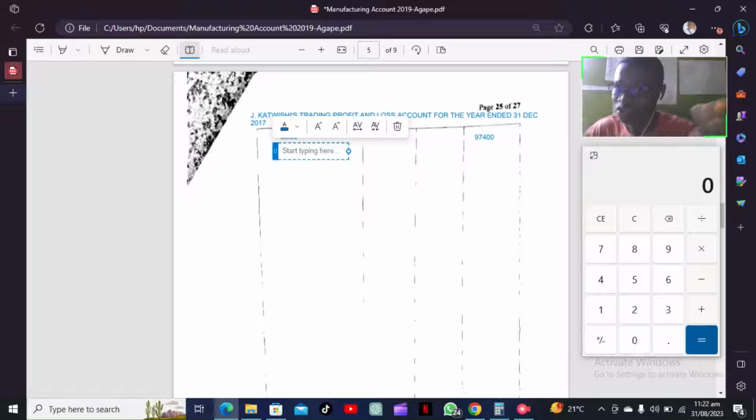Then we proceed. From our sales, what do we enter in a normal trading profit and loss account? It's the opening stock. But remember in our question, we had two opening stocks: raw materials and finished goods. In the trading profit and loss, we're entering the opening stock for finished goods.